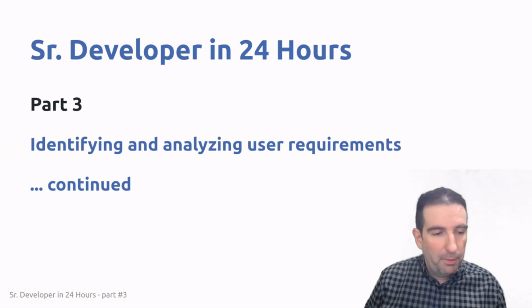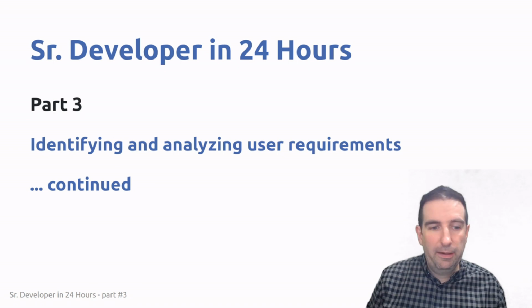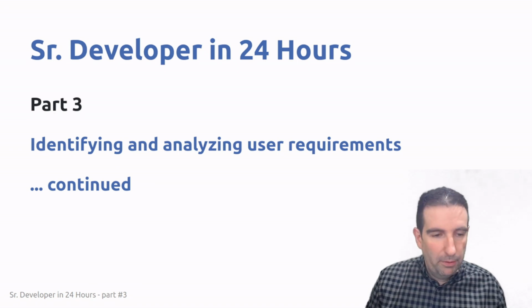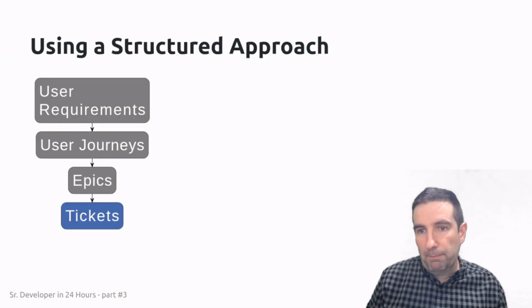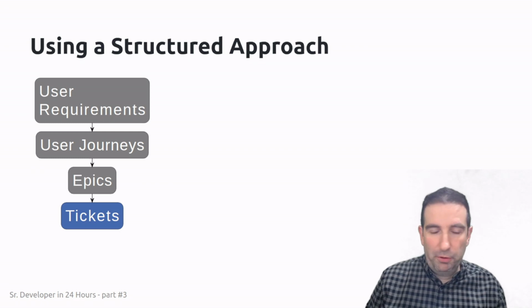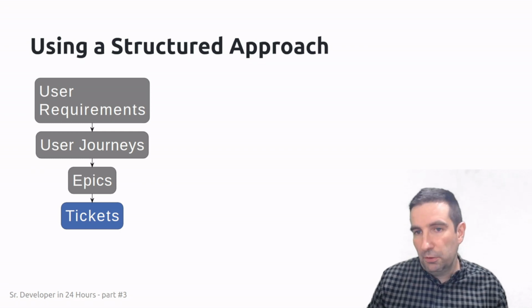For this third part, we're going to continue talking about identifying and analyzing user requirements. Now, as you might remember, in the last session, we were talking about a structured approach to go from user requirements to tickets.